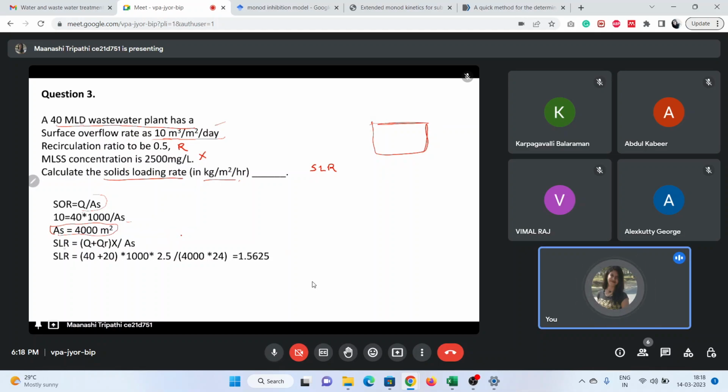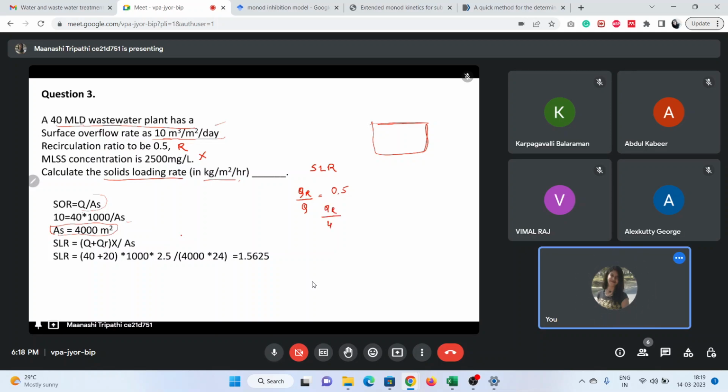Then SLR is equal to Q plus QR, which means the flow which is coming reversed. So when the recirculation ratio is 0.5, it means QR upon Q is equal to 0.5. So QR we need to find.